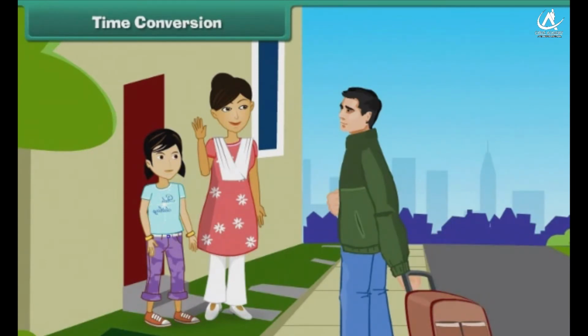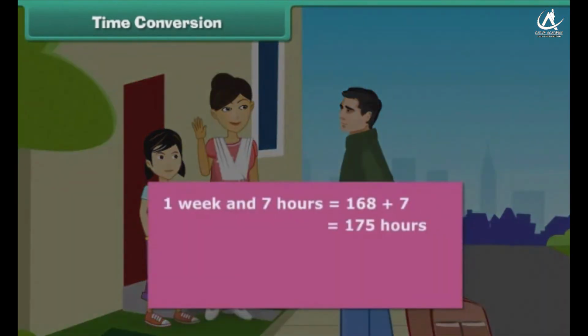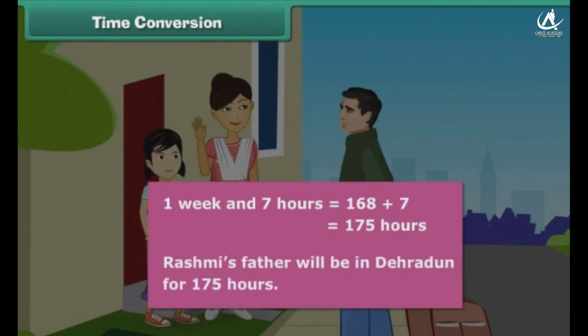Express his stay in Dehradun in hours. 1 week is equal to 7 days. 1 day is equal to 24 hours. 7 days is equal to 24 multiplied by 7, which is 168 hours. 1 week and 7 hours is equal to 168 plus 7, which is 175 hours. Rashmi's father will be in Dehradun for 175 hours.